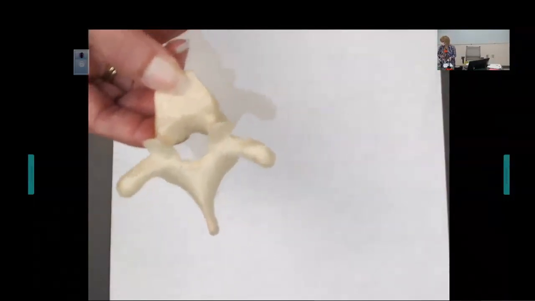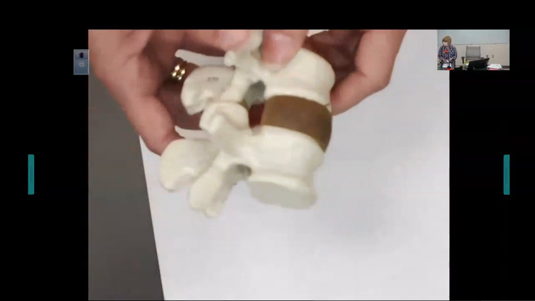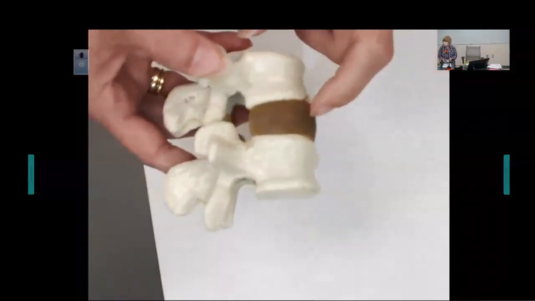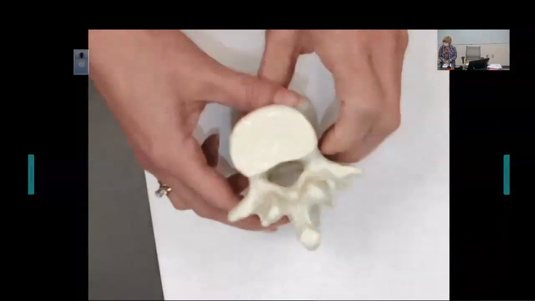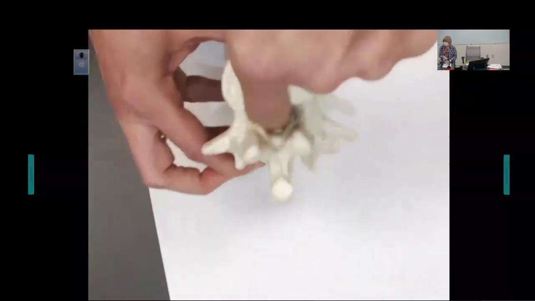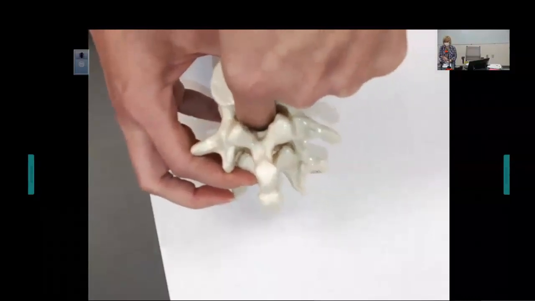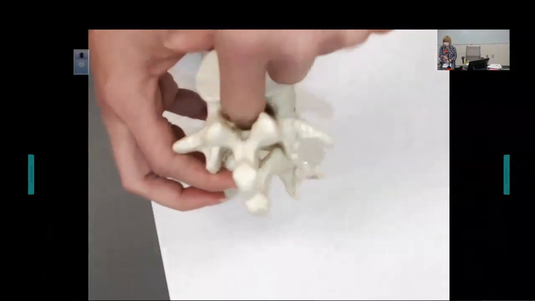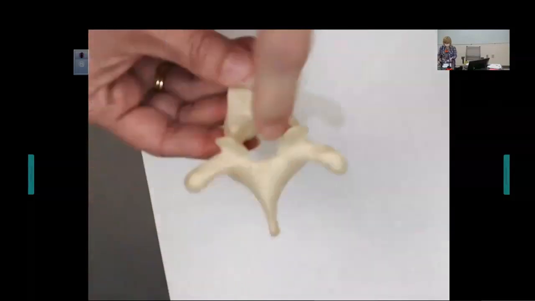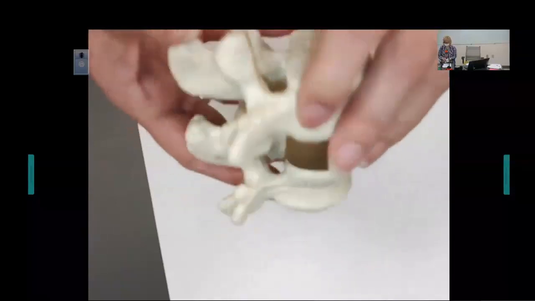Now, last time we learned these are joined together. I like this one because this one's actually showing the cartilage as well. So if I look this way, you see this hole? That's the vertebral foramen. What goes through there? Your spinal cord. Vertebral foramen is the hole that goes through one vertebra. Now, these two are connected, so I'm going to turn them.